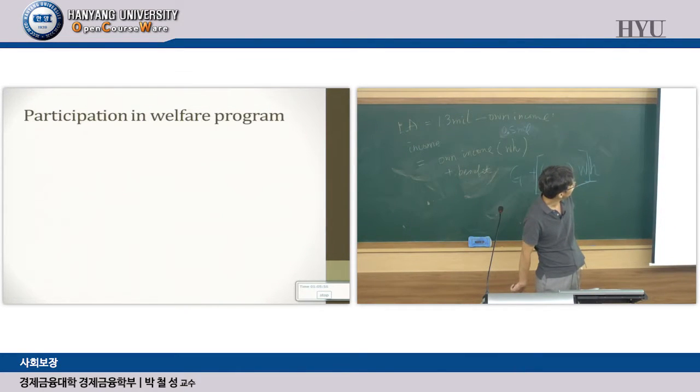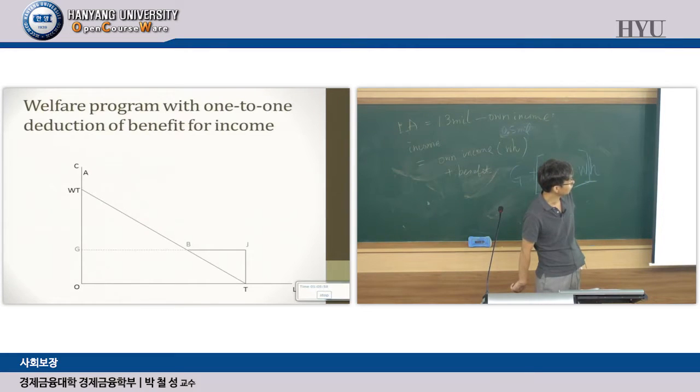Okay, so let me briefly talk about two more slides and then that's it. One is that if the implicit tax rate is 100%, a one-to-one deduction, then this should be the budget line.